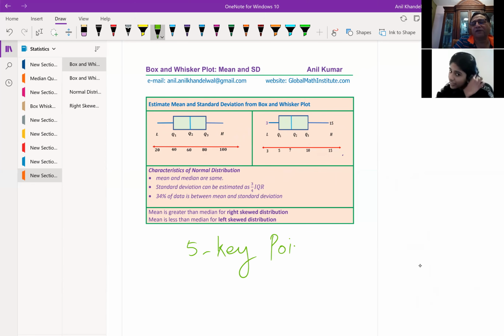This gives you 5 key points: the lowest value, Q1, Q2, Q3, and the highest value. This is what it gives you. Correct. Perfect.